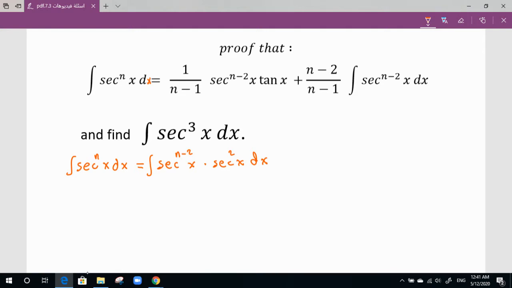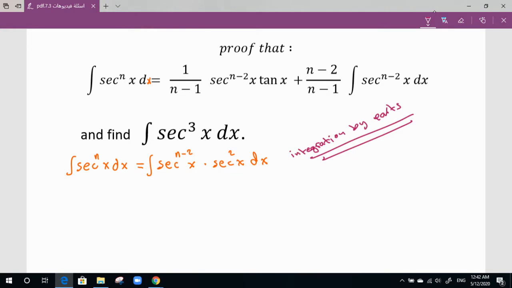So n minus 2 plus 2 will be n. So this is the correct statement. Now from this integral, I will use integration by parts to solve it.